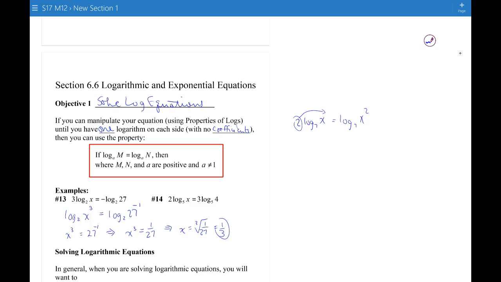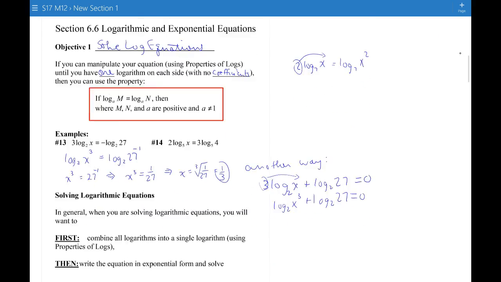So we've solved this logarithmic equation. Another way to do it would be to add the log base 2 of 27 to both sides and have that it's equal to 0. Then you could bring this 3 up and say log base 2 of x cubed plus log base 2 of 27 equals 0.